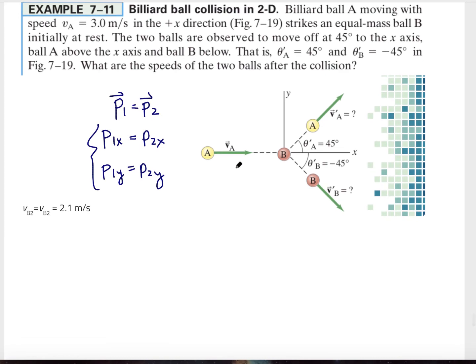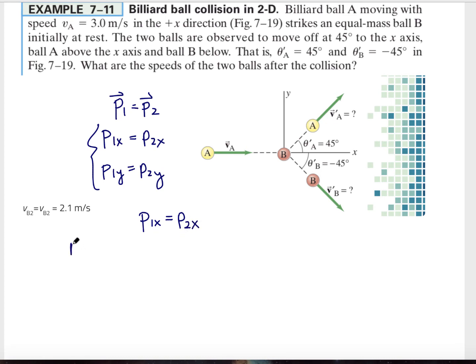So when we go into a two-dimensional problem, we actually need to think about the fact that the x direction is separate from the y. So this is not too difficult and just involves a little bit of trigonometry. So we can start by writing, again, our conservation of momentum in the x direction.